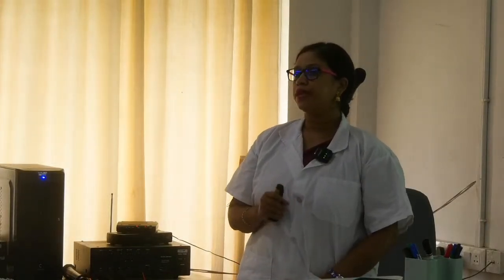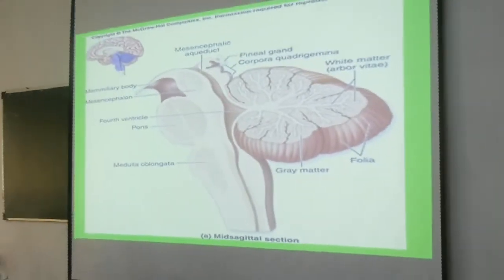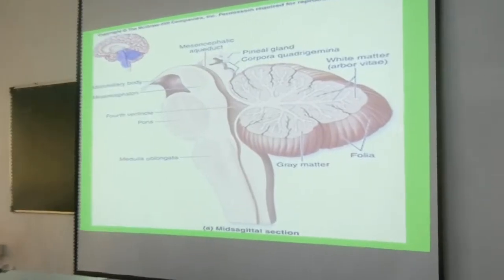Okay, now tell me one thing. This cerebellum has got connection with whom? Cerebellum. So that is the brain stem. You could see. So these are known as the peduncle. What is this? This is the superior cerebellar peduncle, middle cerebellar peduncle, inferior cerebellar peduncle.